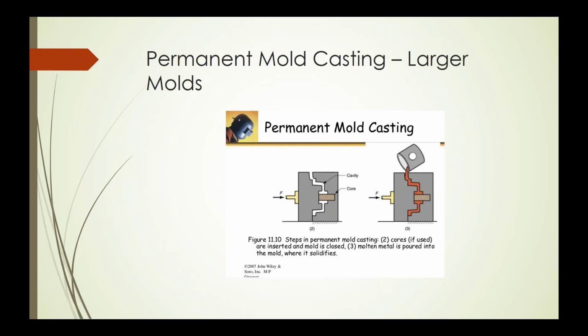Permanent mold casting in larger molds. These can be hand worked with or on a machine basis. They can have a core, as illustrated in these, or no core. So they can have a hole in the middle of something.